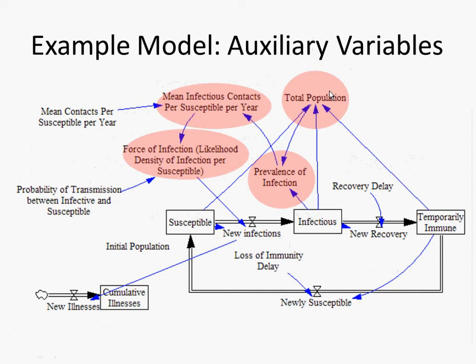What would the formula be for total population, do you think? This plus that. And prevalence of infection, this is the fraction of the population that's infected, so we could have called it fractional prevalence of infection. What would that be? This divided by total population.